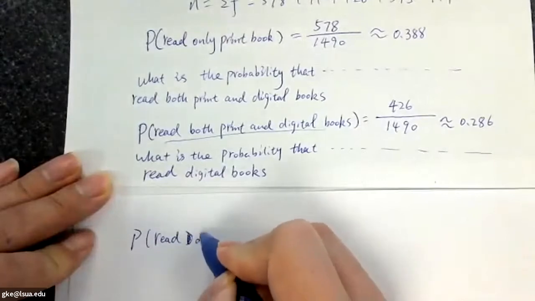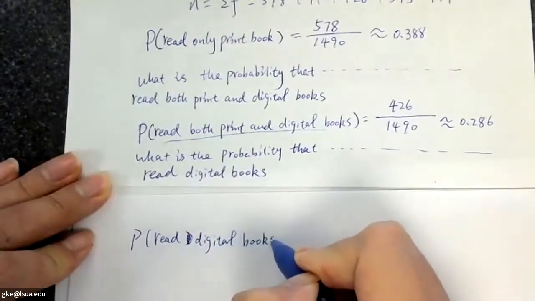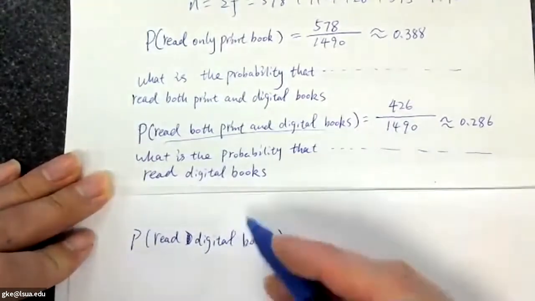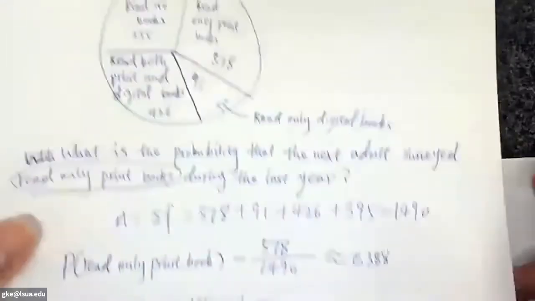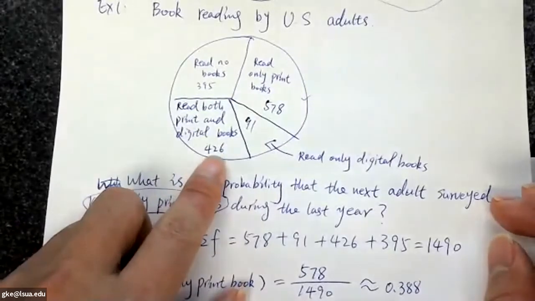So read digital books, and be careful. I didn't say read only digital books. So for this frequency it should be 91 plus 426.